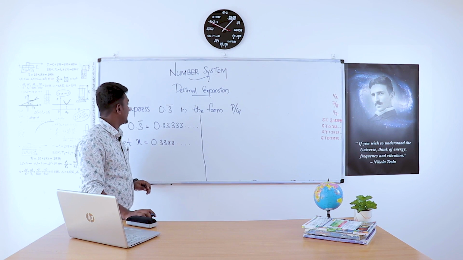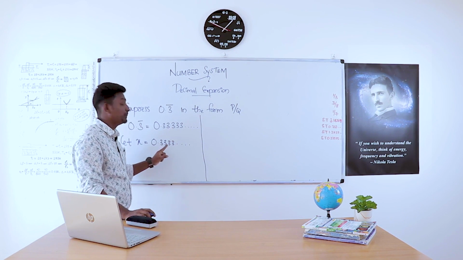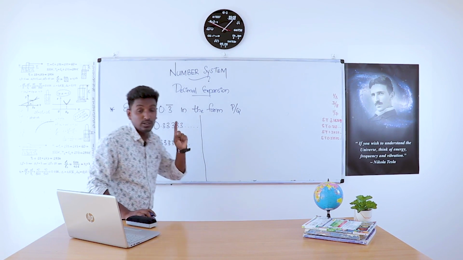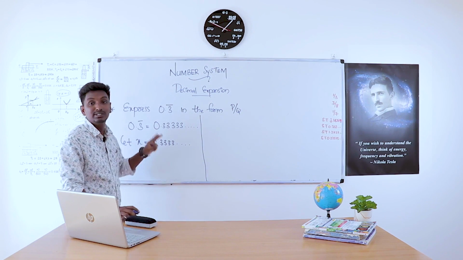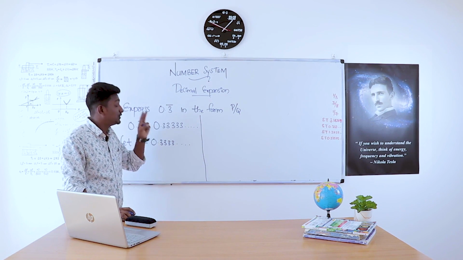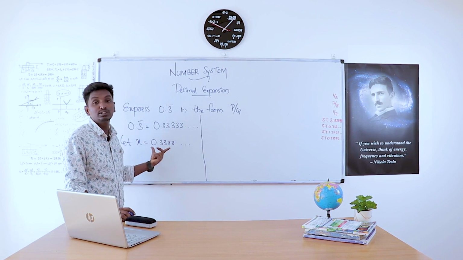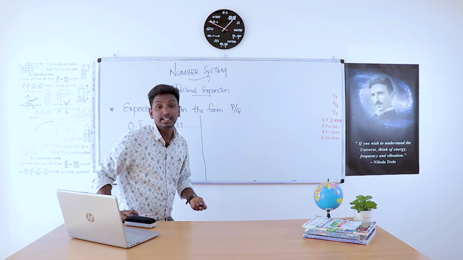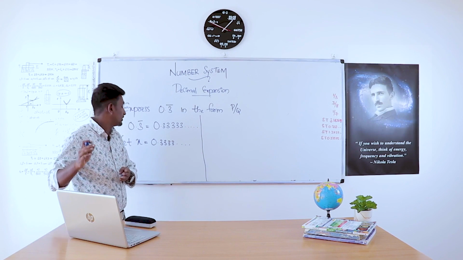Now, here only one number is repeating again and again. If only one number is repeating, then multiply both sides with 10. If two numbers are repeating again and again, then multiply both sides with 100. If three numbers are repeating, then multiply with 1000, and so on.